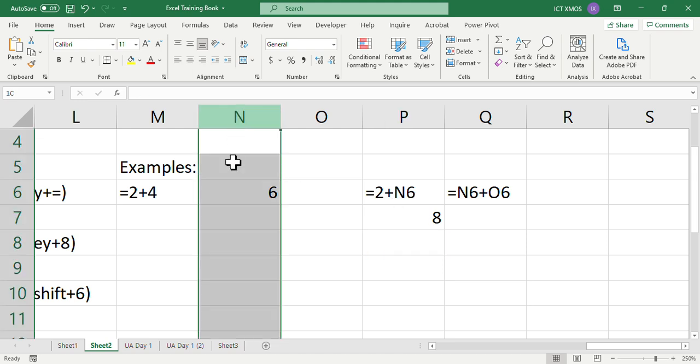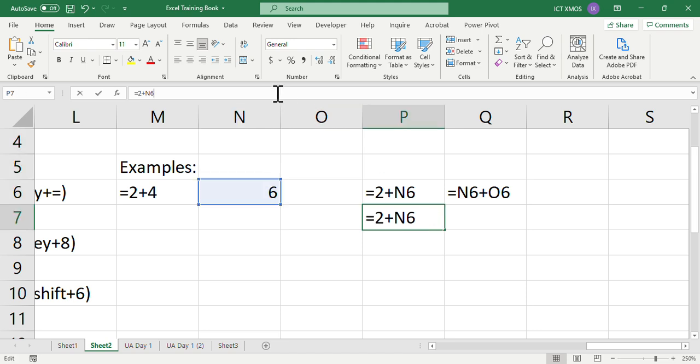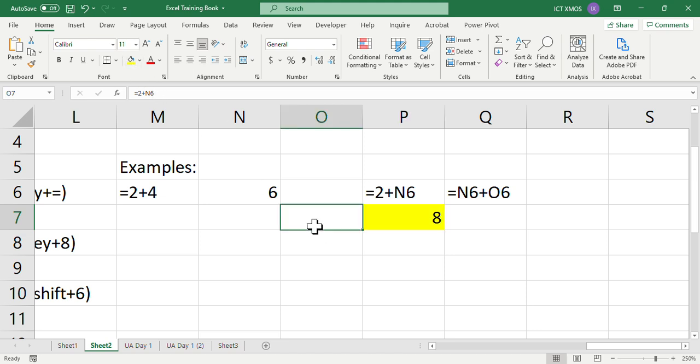This is N6. Let's look at the formula. 2 plus whatever is in N6 gives us 8. That's the answer, 8.